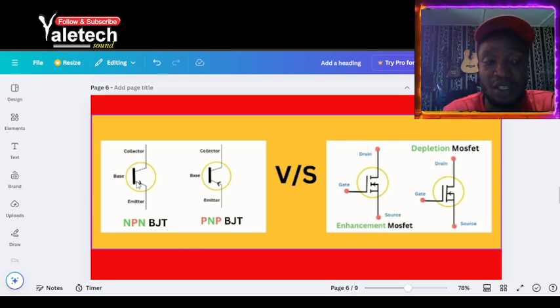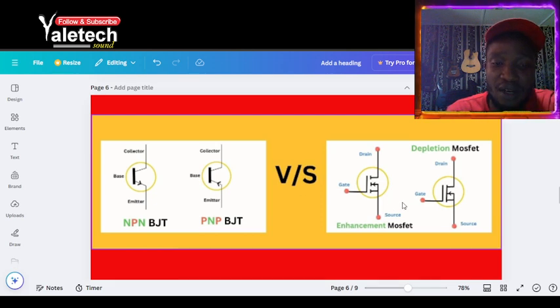For the NPN, the emitter will be on this side, the base is here, and the collector is here. Is that clear now? Then for my PNP, my emitter is here, my base is here, my collector is here. But the difference is just that this one is NPN, while this is PNP. You understand? They look alike, but mind you, their functions are different.